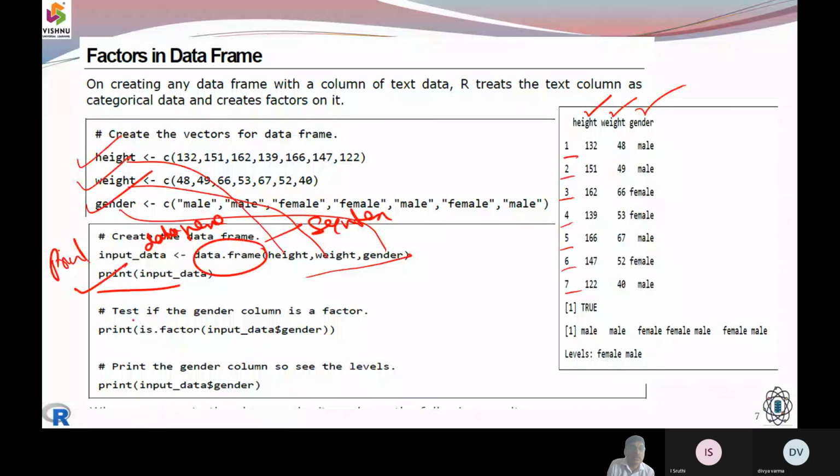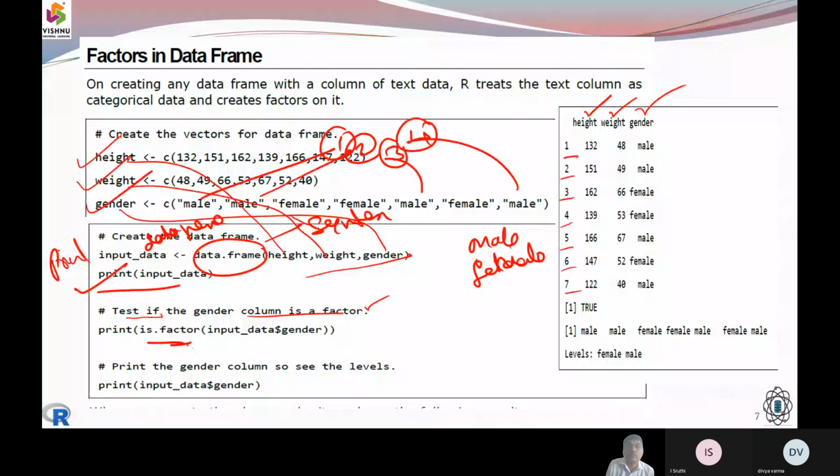Next, what we are going to do is test if the gender column is a factor. So is there any factor in it? Obviously male, female are going to be there. Male occurrences 1, 2, 3, 4.